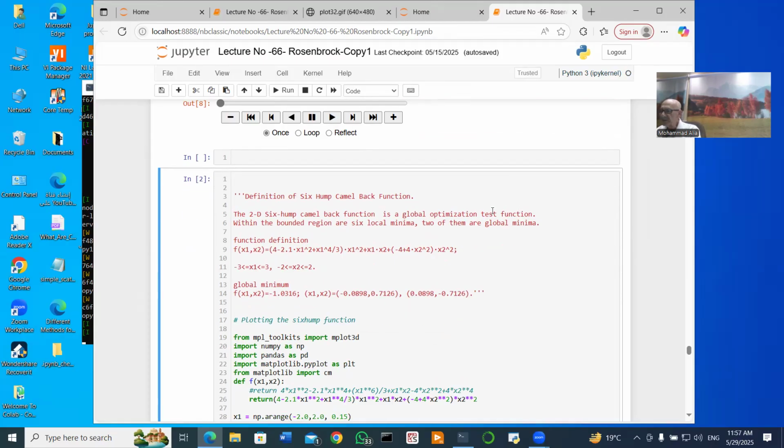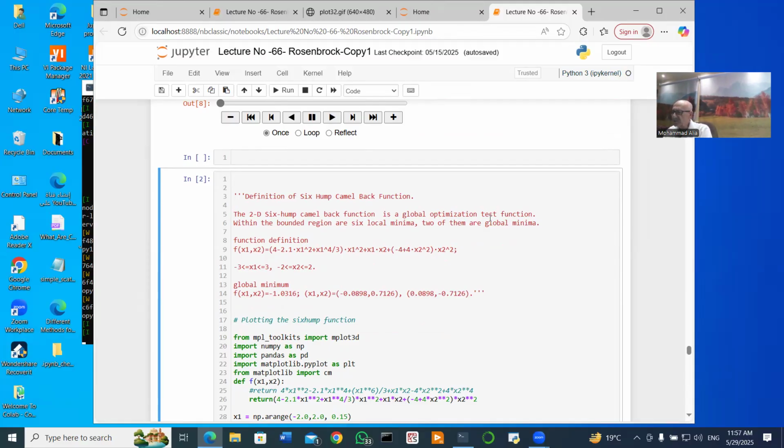As I promised in the previous lecture, the subject of this lecture is the investigation of the six-hump camelback function. This is a very interesting function.